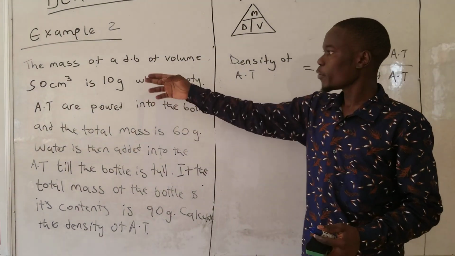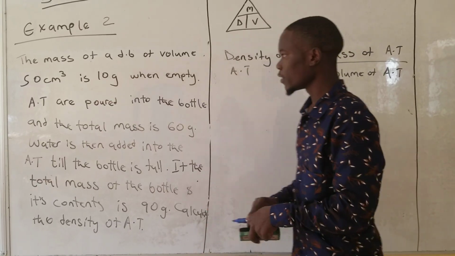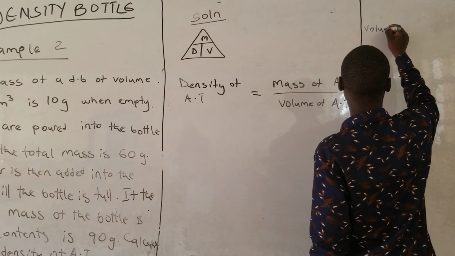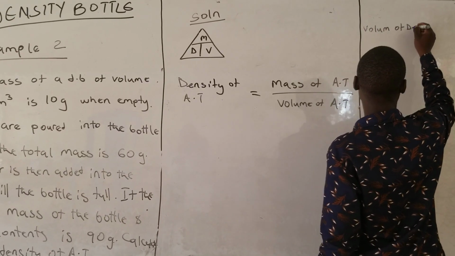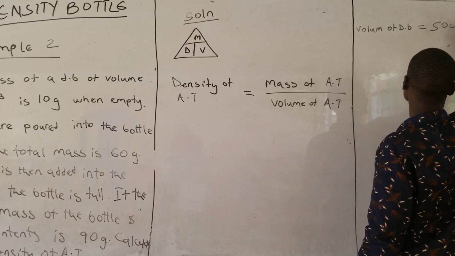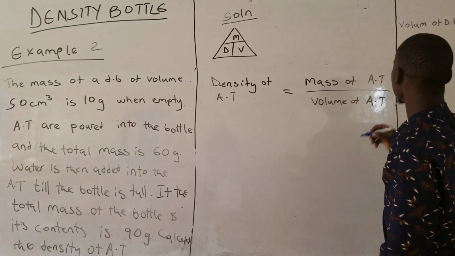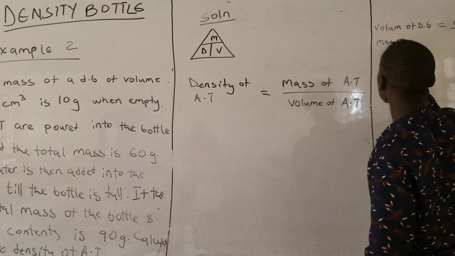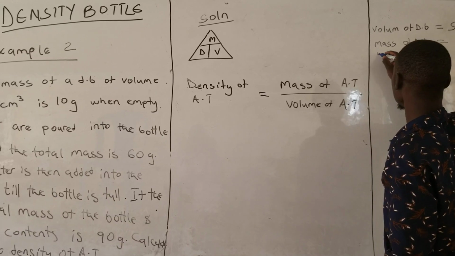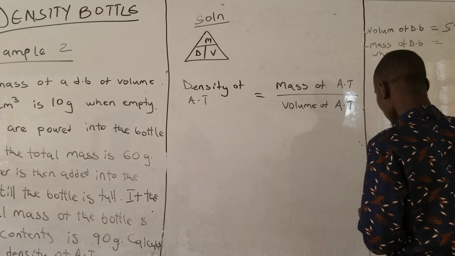In the question here, we are told the mass of a density bottle of volume, or rather the capacity, 50 cubic centimeters, is 10 grams when empty. This is the second interpretation from the question.